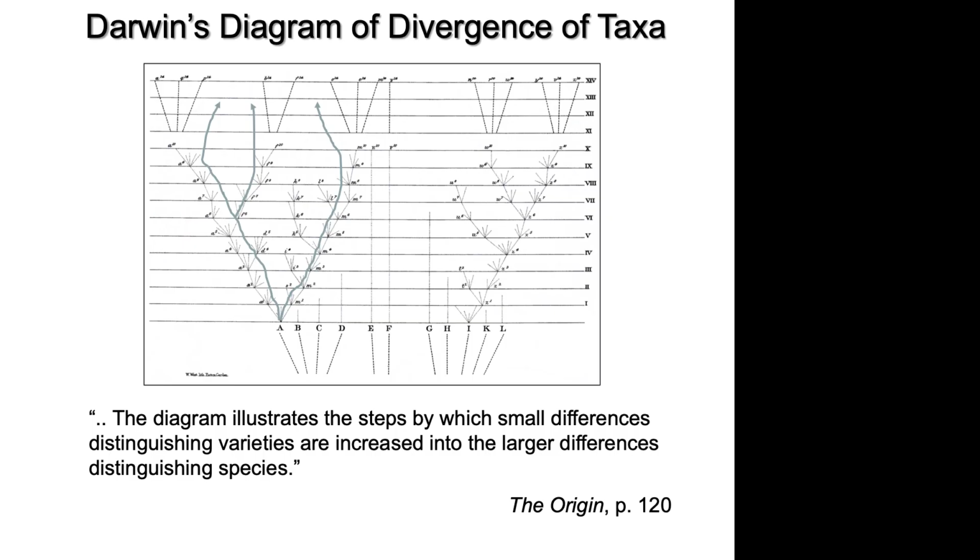For example, in Darwin's diagrams that were in the Origin of Species, you can see that for each generation there are microevolutionary events happening where you get a few of the individuals having a slightly different genotype.